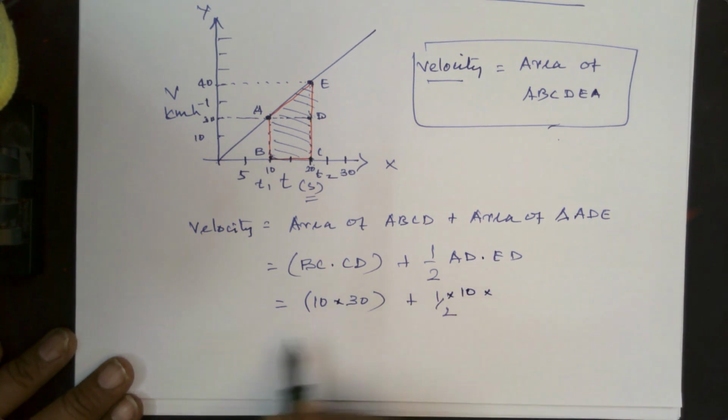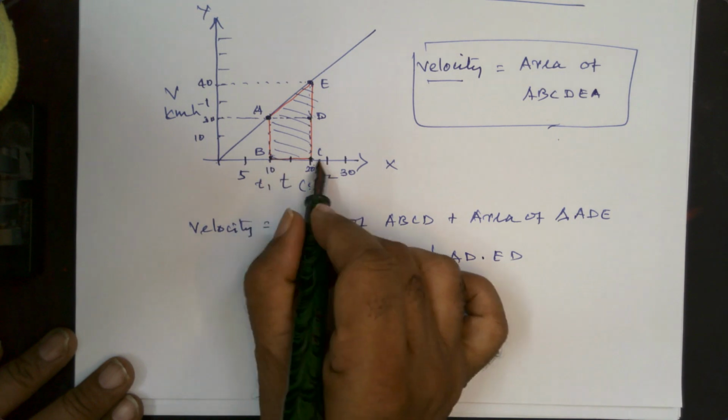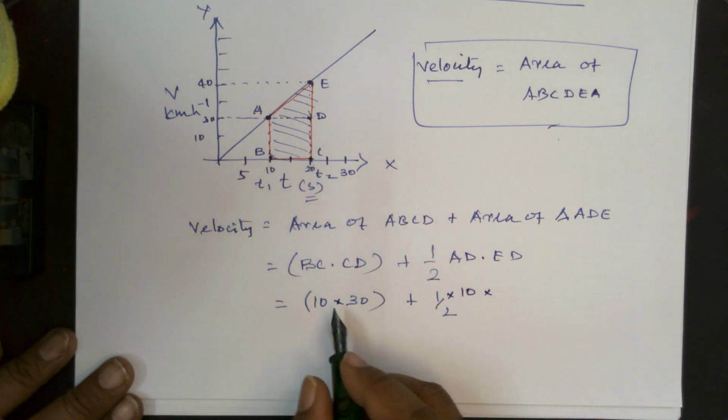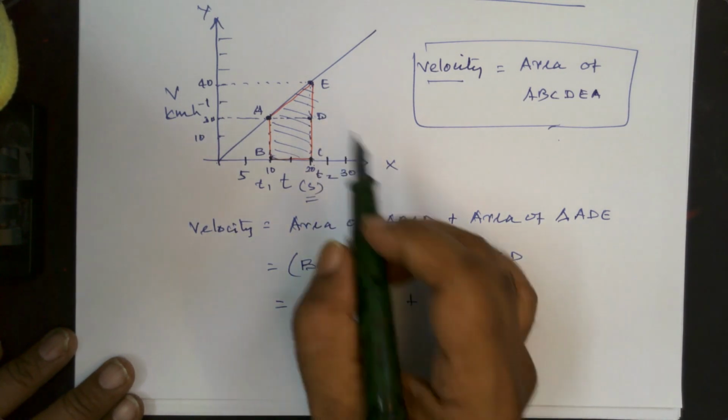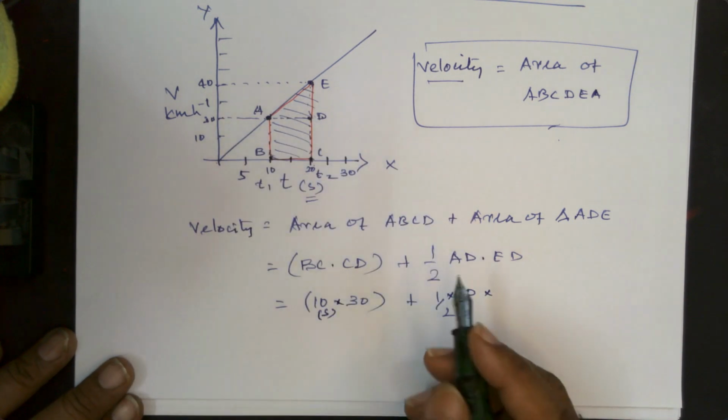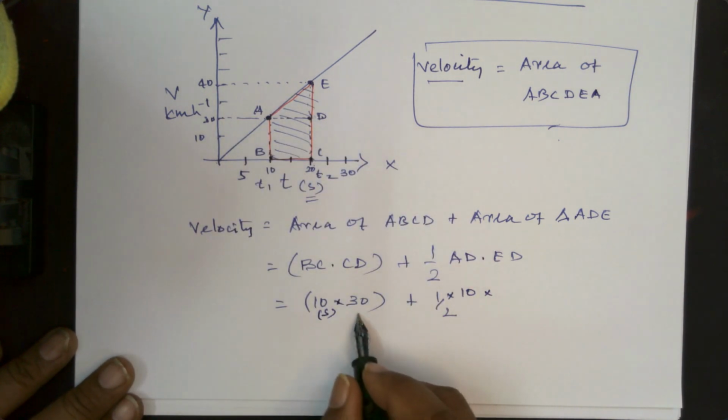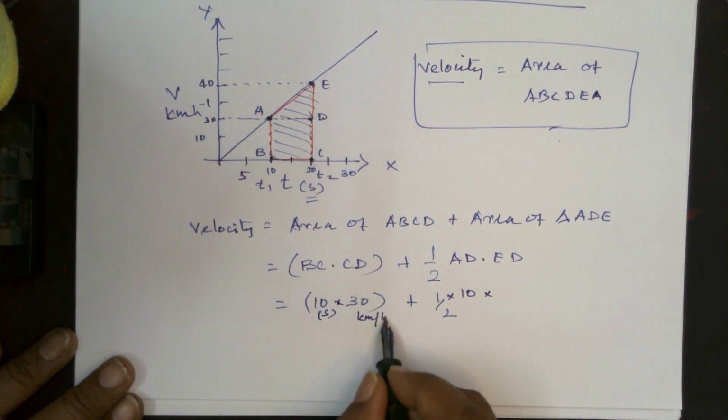Into, and actually this 10 is what? That is in second. Remember, 10 second. And what about this 30? That is given in kilometer per hour, is it not? Okay, so that is kilometer per hour.